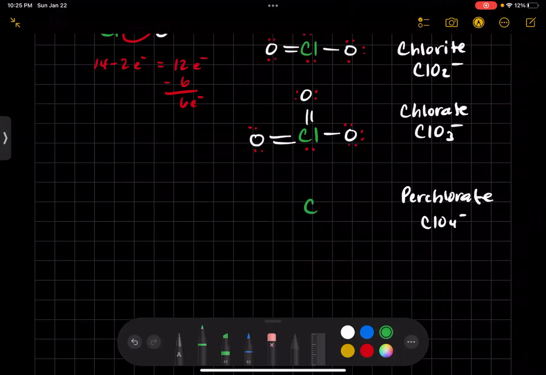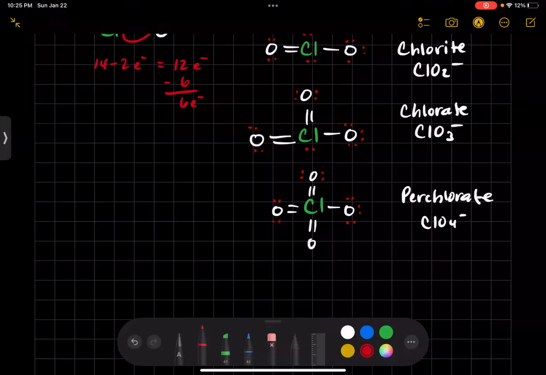And ClO4 minus looks like this. It's a chlorine with a double bond to 3 oxygens, and then a single bond to an oxygen. This oxygen has 3 lone pairs, and these other ones have 2 lone pairs.